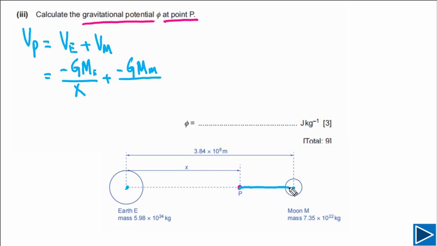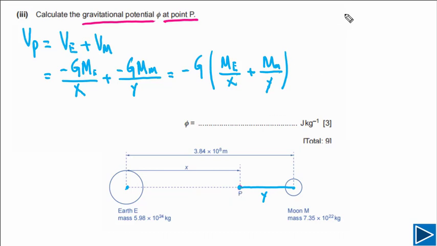As I mentioned before, let's say this distance is y. So this will be divided by y. In this equation, we can take negative G common. Then we are left with the mass of the Earth divided by x, plus the mass of the moon divided by y. Now we simply need to plug in values and we can find the value of potential at this point.